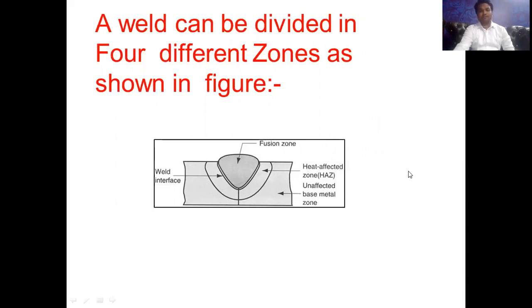If you weld any 2 materials using any of the welding processes that we have seen in the previous lectures, and you observe the cross section of the weld under the microscope, the weldment has to be prepared first.